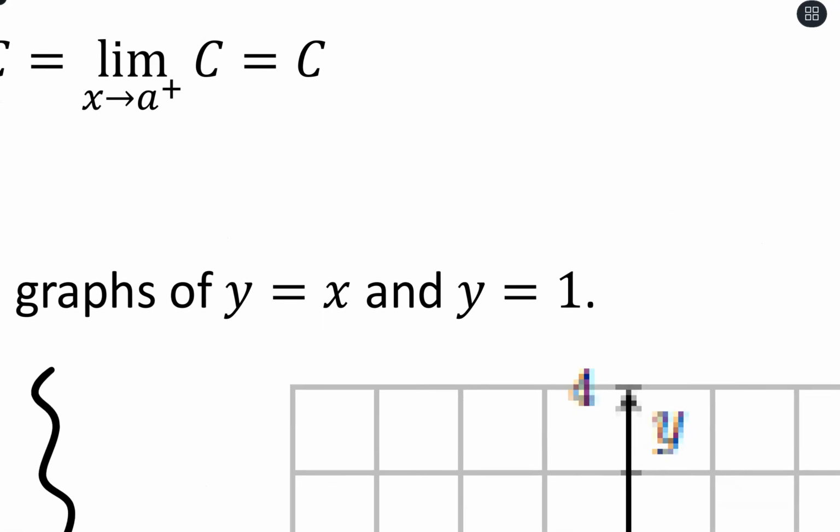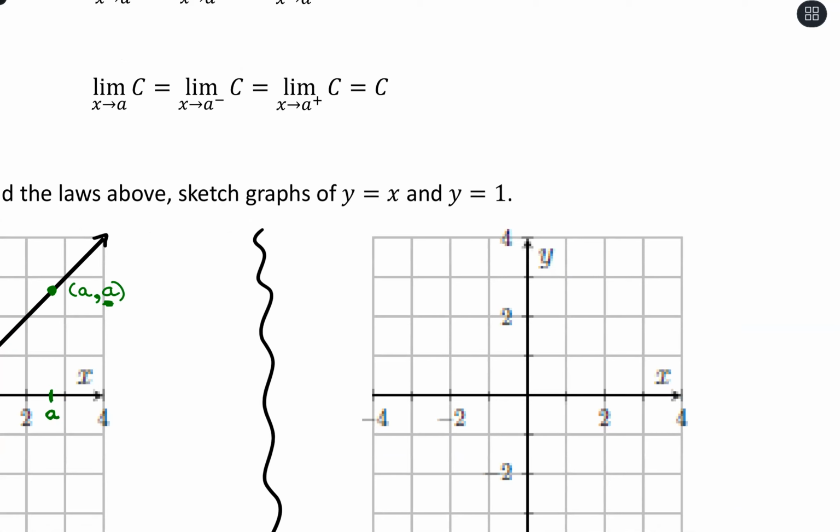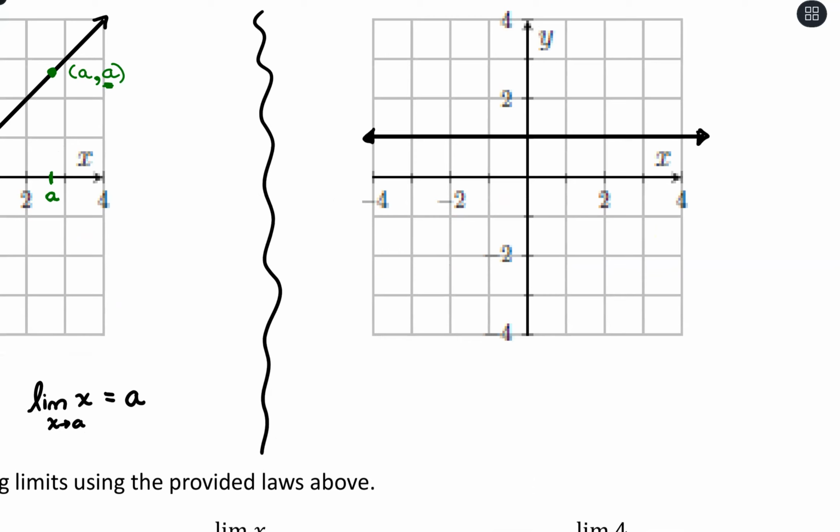So let's go ahead and see this. If I had my equation y equals 1, that would be graphing the horizontal line like this. Let's say I wanted to evaluate some limits. Let's say I wanted to look as x approaches 2, where y equals 1.